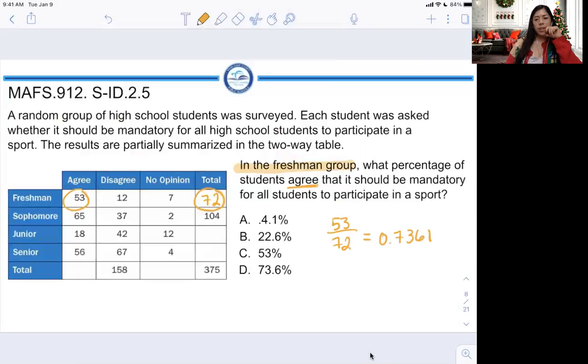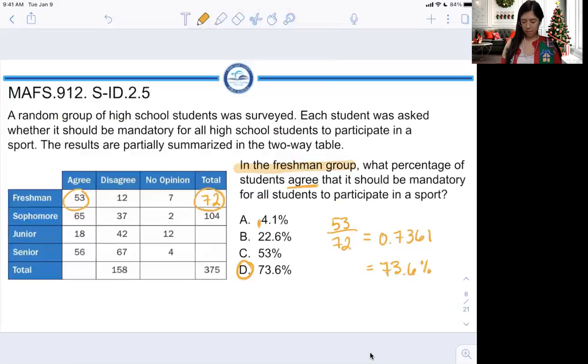And when I convert that to a percent, I get 73.6%. Perfect. Miss Lopez, A was a typo, right? A should not have that little dot in the front. It should just be 4.1. Yeah.